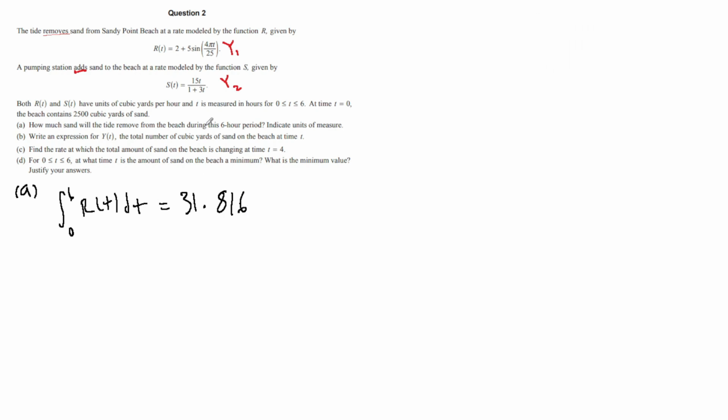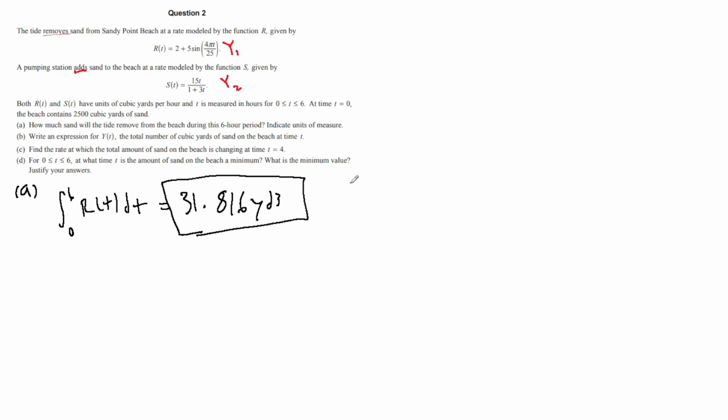So during the first 6 hours, 31.816 cubic yards of sand were removed from the beach, because it says both R of t and S of t have units of cubic yards per hour. So if this is cubic yards per hour and we're taking the antiderivative, so we're moving back instead of differentiating, it's going to go from cubic yards per hour to just cubic yards.